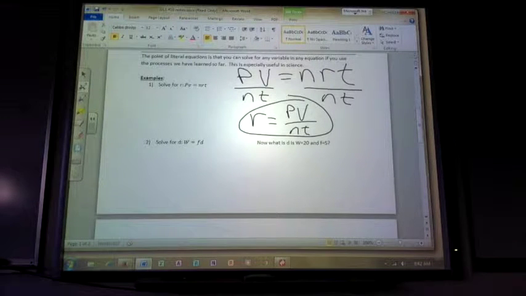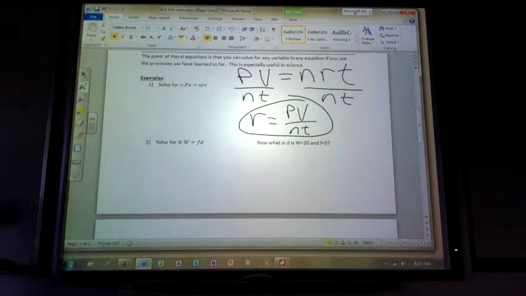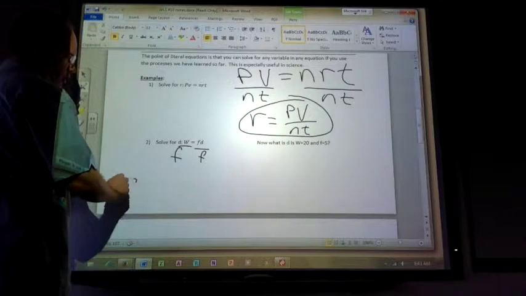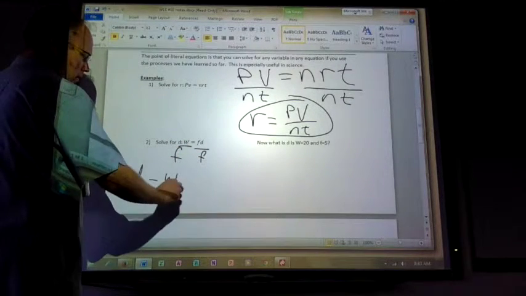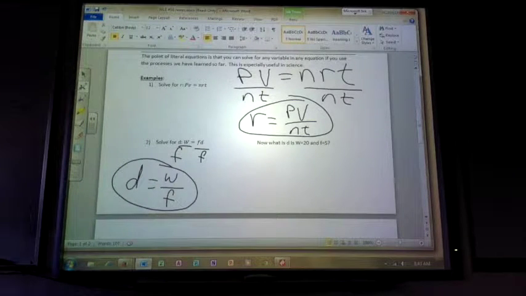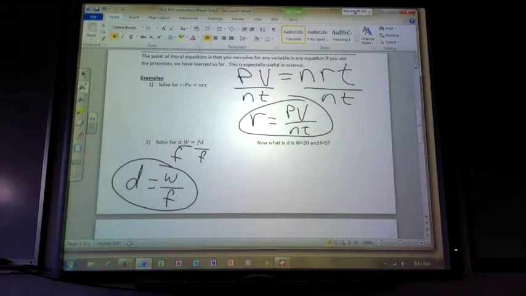Okay, problem number 2. Solving for D, we have W equals FD, so work equals force times distance. Love that physics equation. Divide each side by F. So I'm going to get D equals W over F. Now, what is D if W is equal to 20 and F is equal to 5?